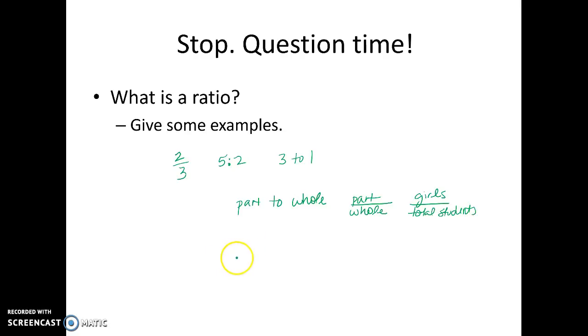Another type of ratio we use is part to part. So an example of that, and we would do one part, like part A over part B. And that would be, for example, how many girls there are as a ratio to boys. So these are 2 types of ratios we will look at today.